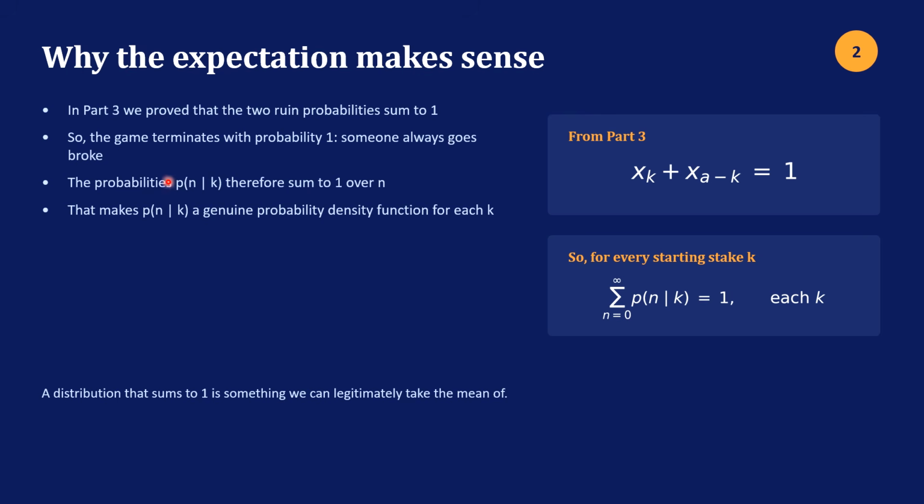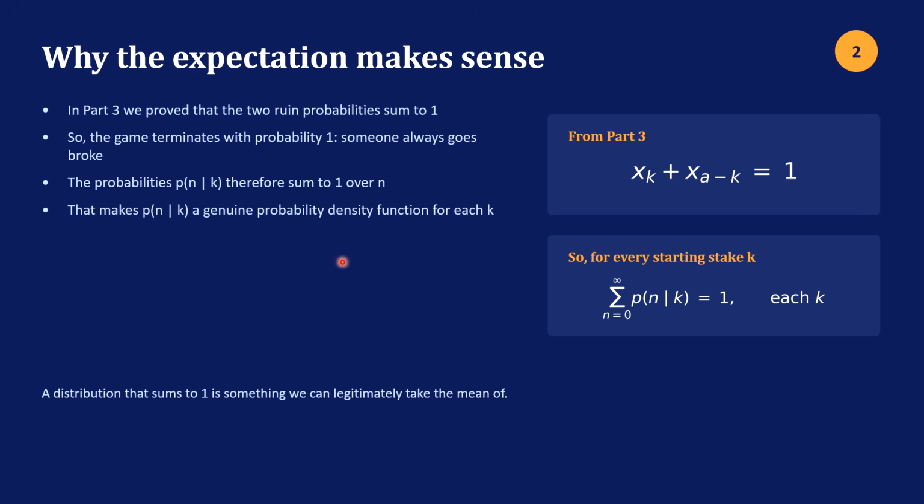The conditional probabilities, therefore, sum to 1, which I'm showing here, for each value of k, the starting number of units for A. That makes the conditional probability of p, given A starts with k and the game ends in n steps, a genuine probability distribution function, which we need in order to compute the expected value. So that puts us on firm ground.